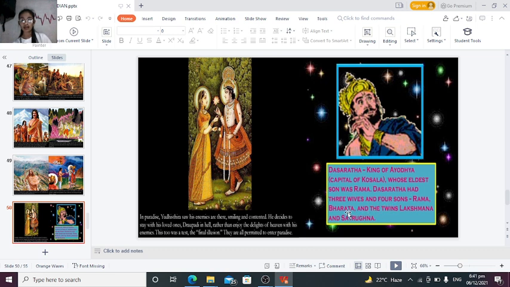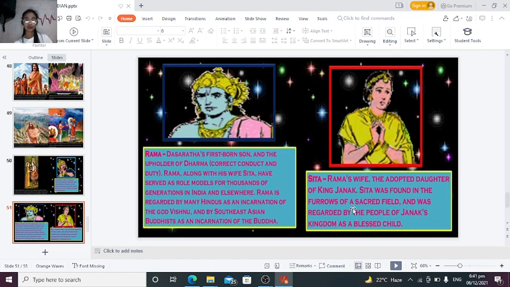We have Rama, Bharata, and the twins Lakshmana and Satrugna. So, Rama, Dasarata's firstborn and the upholder of Dharma. Rama, along with his wife Sita, have served as role models for 1,000 generations in India and elsewhere.